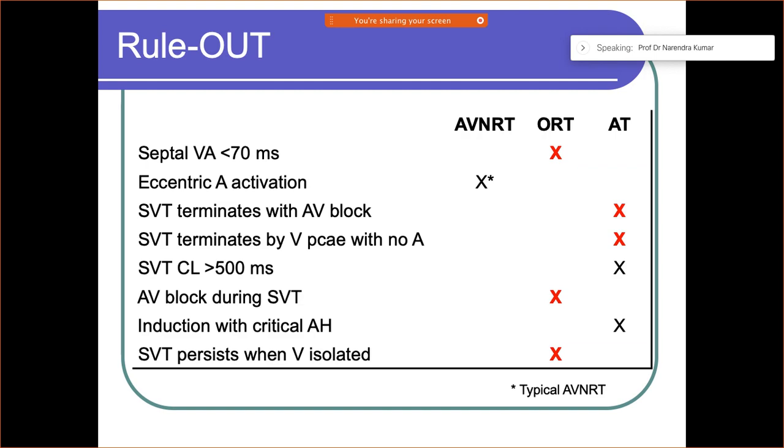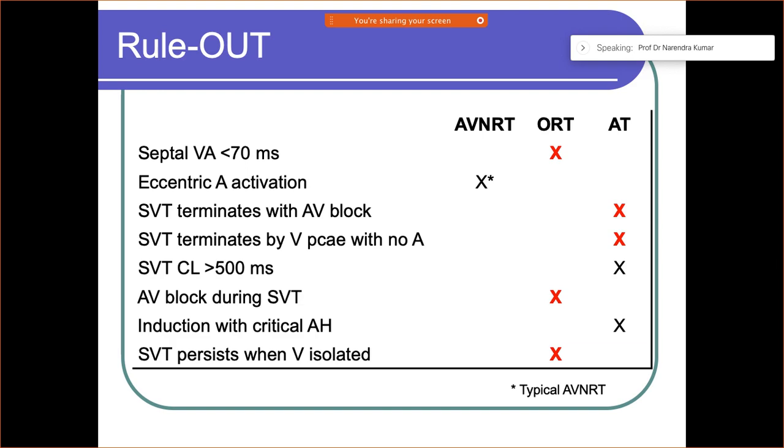Then the question comes, how about the tachycardia cycle length? If the tachycardia cycle length is more than 500 milliseconds, you are definitely able to rule out atrial tachycardia, because atrial tachycardias are pretty fast, in fact. So I already said it. Similarly, AV block during the SVT is the one that is going to rule out the ORT.